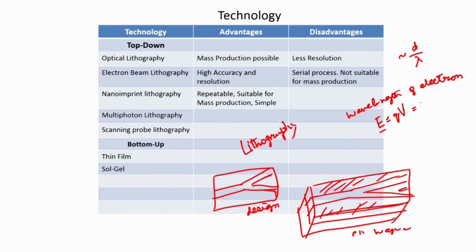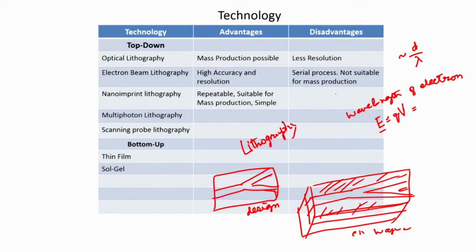So, we can determine the wavelength of the electron. If the speed is v, mv is the momentum and half mv square is the kinetic energy, and we can determine the wavelength of the electron beam.